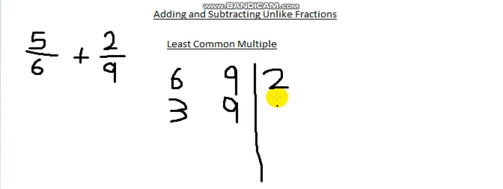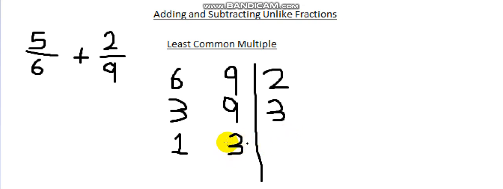Next, I try again with the same number. Can I divide either of these numbers with 2? No, I can't. So I try the next number, 3. Can I divide any of these numbers with 3? Yes, I can. I can divide both of them with 3. 3 divided by 3 is 1. 9 divided by 3 is 3.